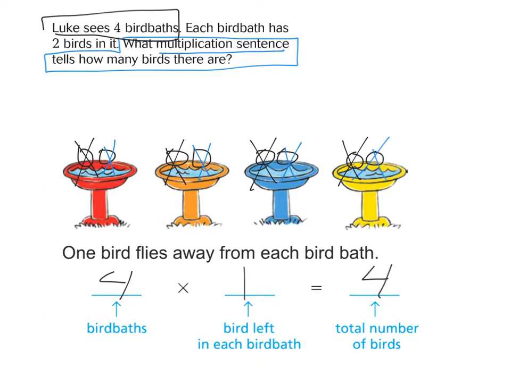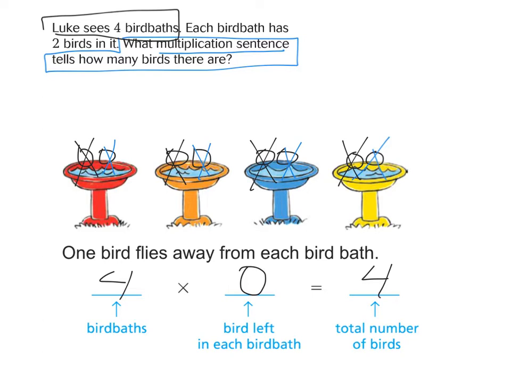So this factor would remain the same. But how many birds are in each bird bath? There's no birds. So this would have to change. It wouldn't be 1 anymore. It would be 0. 0 birds are left in each bird bath.